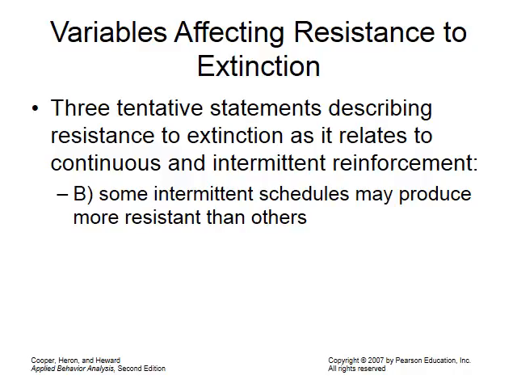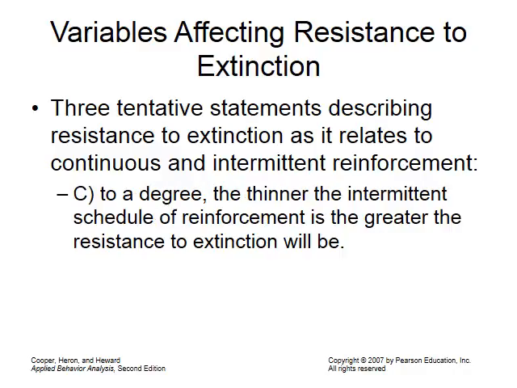And so when you put the extinction procedure into place, it's going to be more clear to them. Whereas with a variable schedule, they're not quite as sure when reinforcement is going to be coming. So when you put that extinction procedure into place, the difference between the contingencies is not going to be as clear. So it's going to produce more resistance to that procedure.